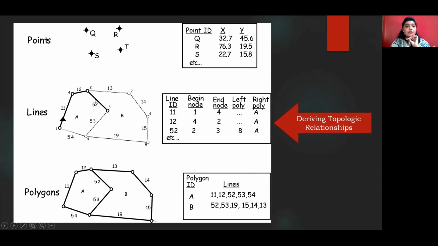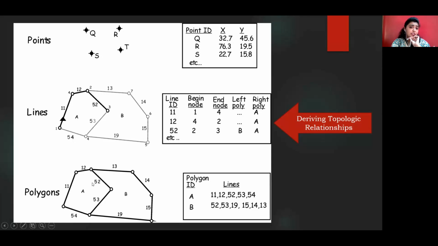Similarly, when it comes to this line, which is line 52 for me over here, if I look at line 52, the right hand side becomes the B polygon and the left hand side becomes the A polygon. So this is how my topology relationship has been derived.